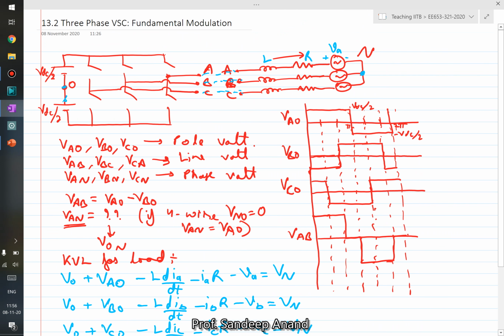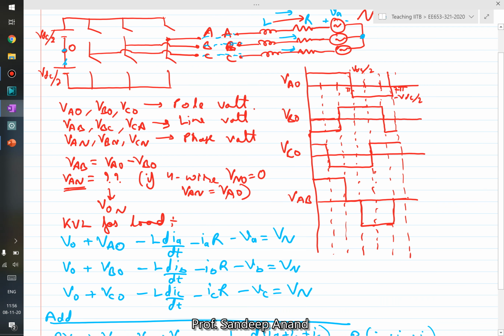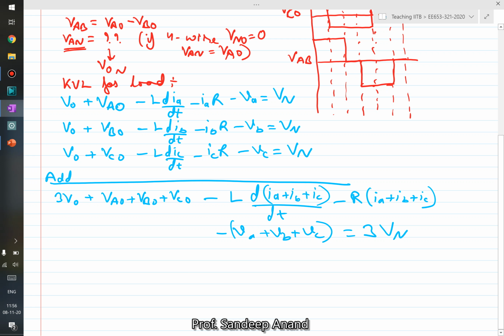If you see the circuit, currents IA plus IB plus IC has to be 0, Kirchhoff's current law, right? Because neutral is open. It's a 3-wire system, so all three currents must sum to 0.